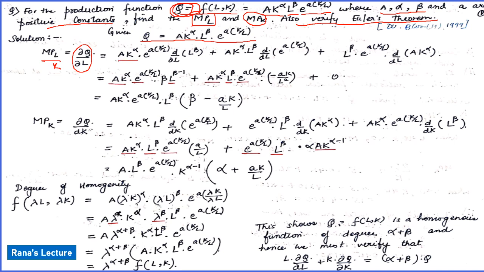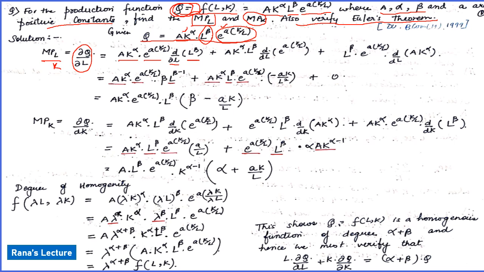Over here also it is A k to the power alpha. Then I copy this as it is, e to the power a k by l, and I differentiate this part, l to the power beta, with respect to labor, right? Again we have differentiated this portion. We are left with this portion and this portion, right?